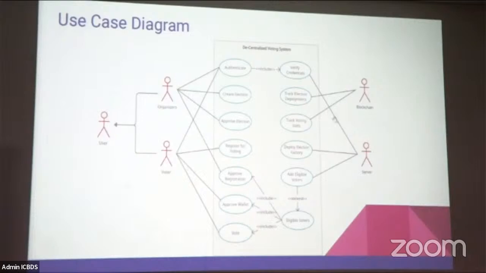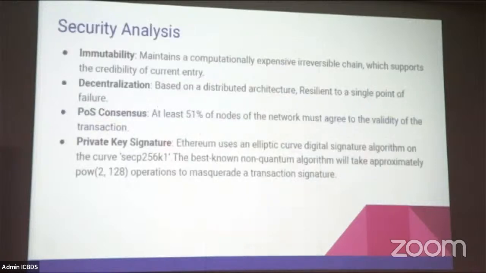Then voting is possible. Through blockchain, we can track the election deployments. That is possible by using blockchain. We can track voting statistics using blockchain. The server credentials can be verified. The election factory can be deployed. It can check eligible voters also.